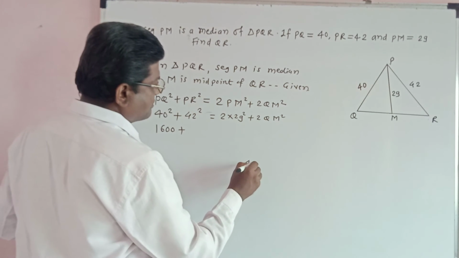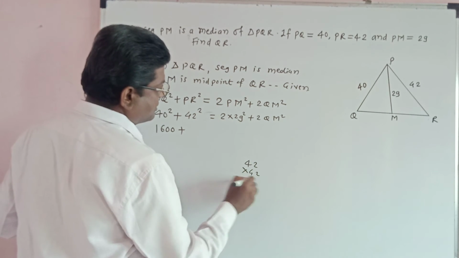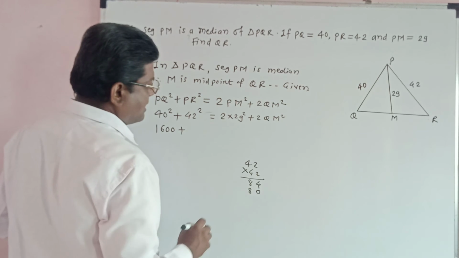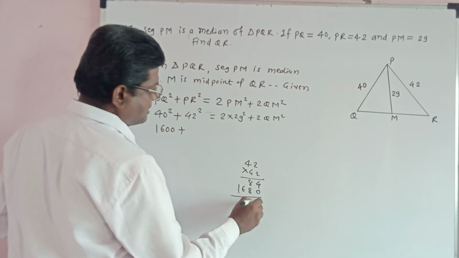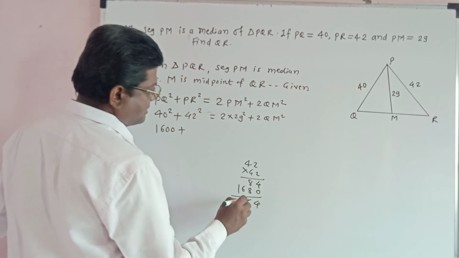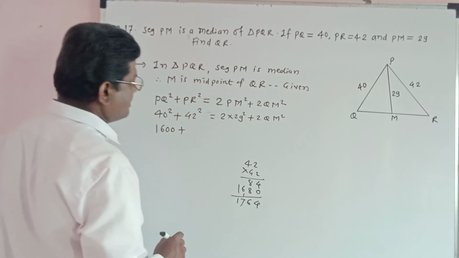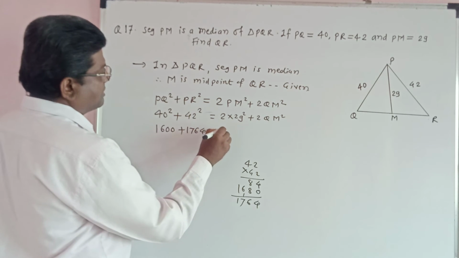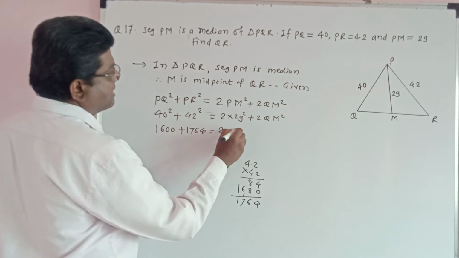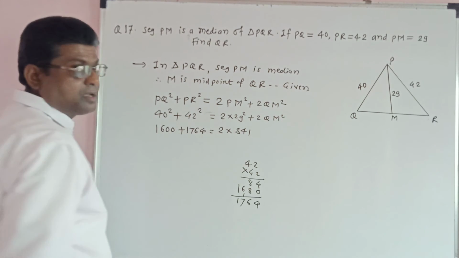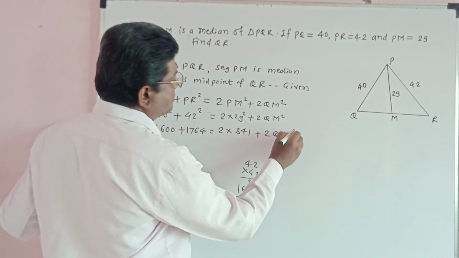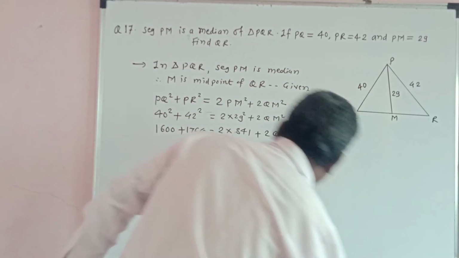Now 42 square, 42 into 42, is 1764. 1764 is equal to 2 into 29 square, which is 841, plus 2 into QM square.